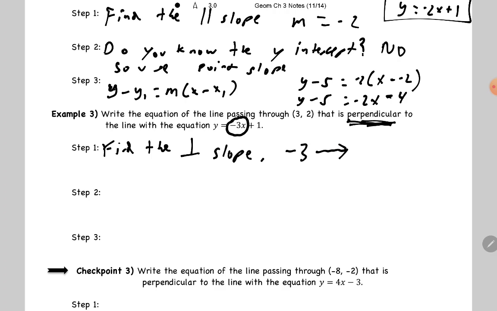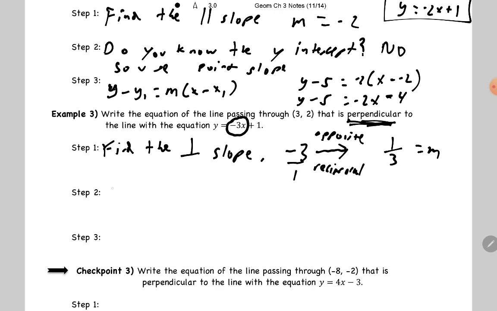To find the perpendicular slope, it's the opposite reciprocal. So opposite means if it's negative, it becomes positive. So negative 3 becomes positive 3. And then reciprocal means flipped. So we flip it over, the fraction there. So 1/3 is our slope.